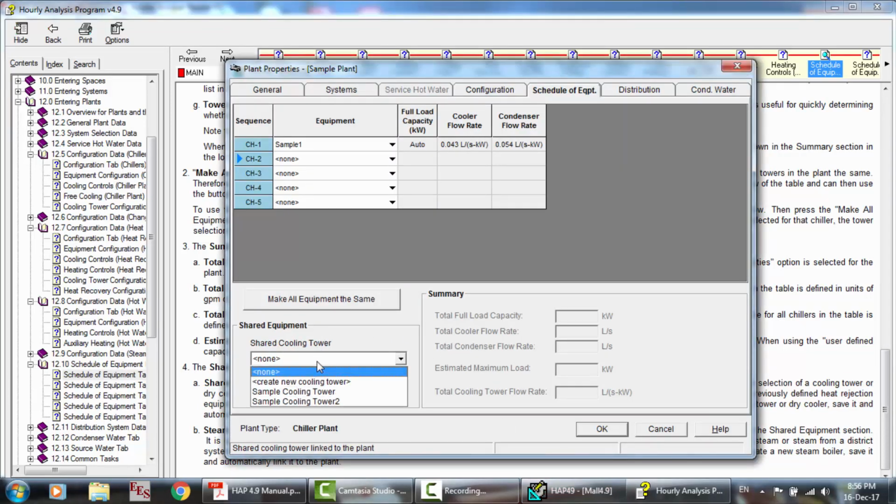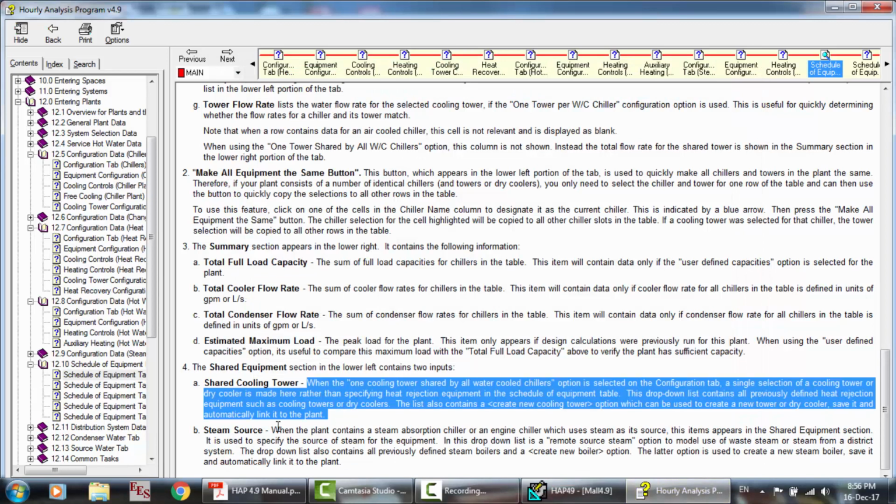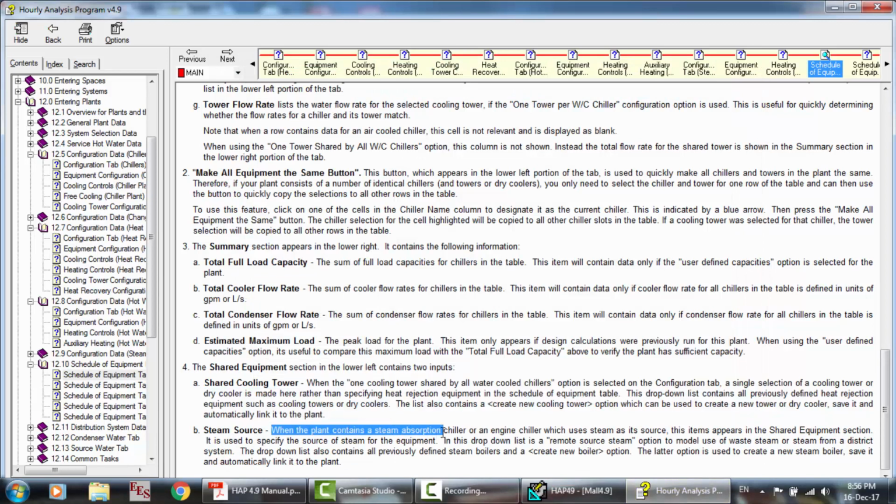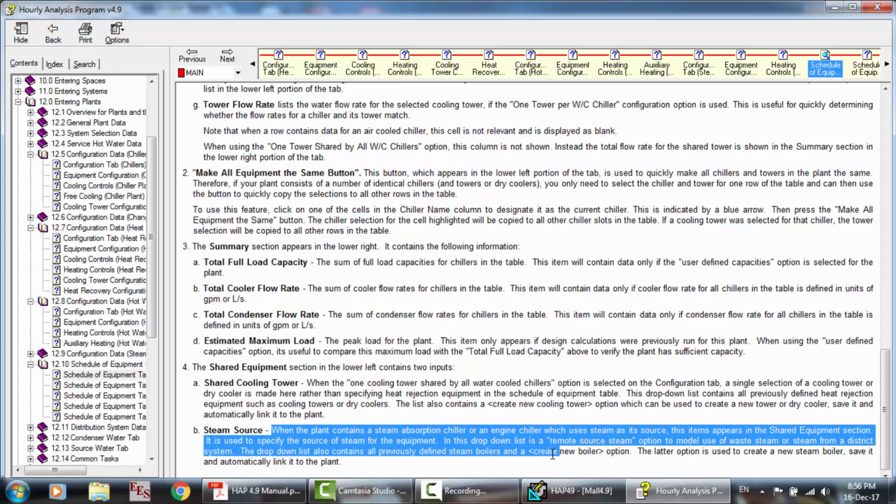Also, the steam source. When a plant contains a steam absorption chiller or an engine chiller which uses steam as its source, this item appears in the shared equipment section. This is used to specify the source of steam for the equipment. This drop-down lists the remote source steam option to model use of waste steam or steam from a district system.